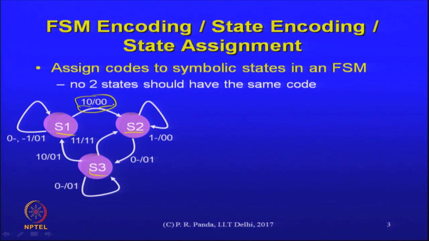We need to assign codes to the symbolic states, so that no two states should have the same code, that is the objective. What does the encoded FSM look like? If this is the original FSM, the encoded FSM would be different in what way?